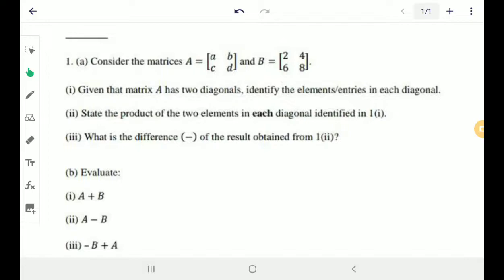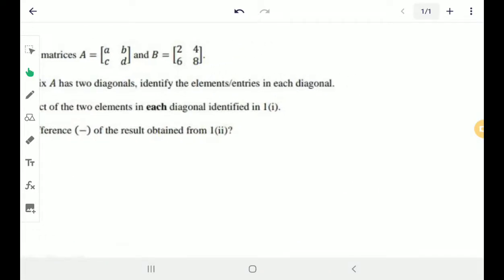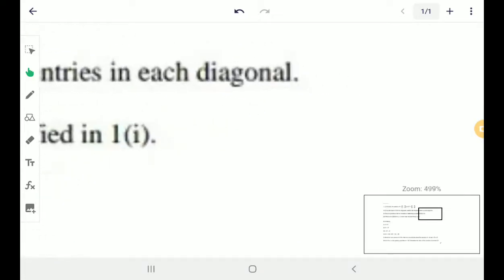So, remember we spoke of matrix having the diagonal for a square matrix. This is the leading diagonal. Okay, this is the leading diagonal. So let's identify the diagonals, the elements in each diagonal. So the leading diagonal.